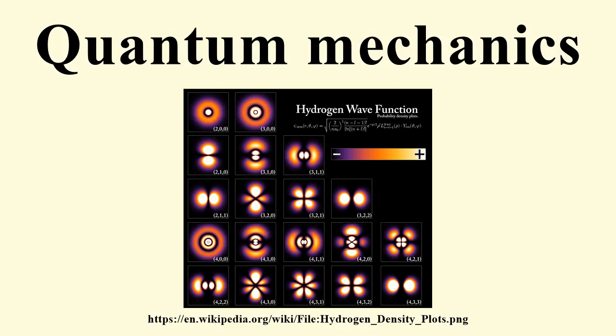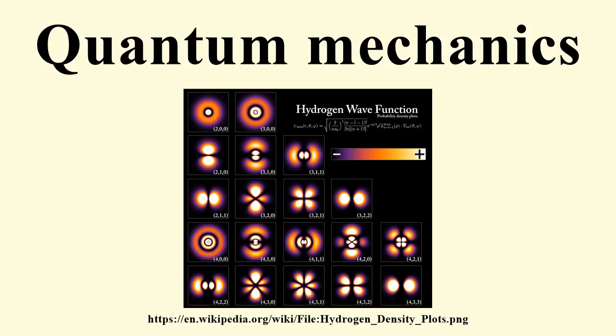The foundations of quantum mechanics were established during the first half of the 20th century by Max Planck, Niels Bohr, Werner Heisenberg, Louis de Broglie, Arthur Compton, Albert Einstein, Erwin Schrödinger, Max Born, John von Neumann, Paul Dirac, Enrico Fermi, Wolfgang Pauli, Max von Laue, Freeman Dyson, David Hilbert, Wilhelm Wien, Satyendra Nath Bose, Arnold Sommerfeld, and others.